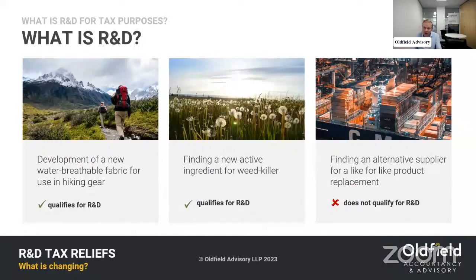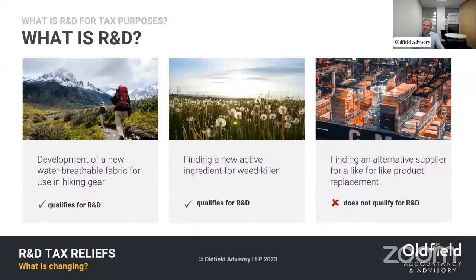Yes, you might be working on a project to do it, but does it actually involve seeking a technological advancement? Well, not really. You're just sourcing another product. And does it involve technological uncertainty? Well, no. It will involve some uncertainty. You don't know if you're going to successfully find an alternative supplier, but that's not a technological uncertainty. That's just a commercial uncertainty.